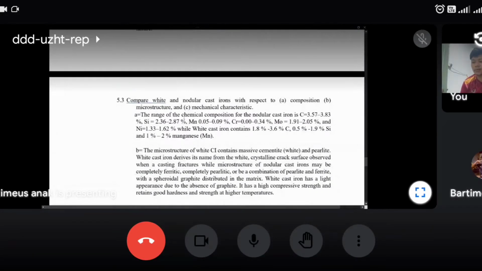Okay, next we go to question 3. Compare white and nodular cast iron with respect to composition, microstructure, and mechanical characteristics.